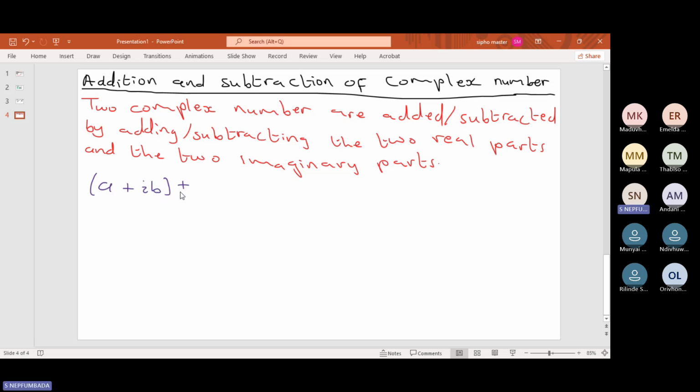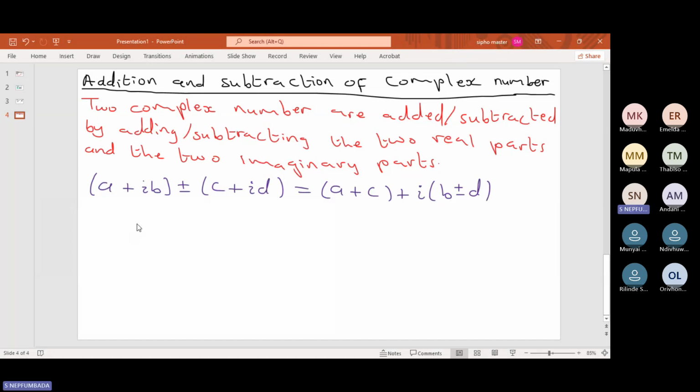Here we can either have plus or minus. We've got c plus id. This is going to be equal to, we're going to add the real parts together. We said plus, now we add the imaginary parts together, b plus or minus d.